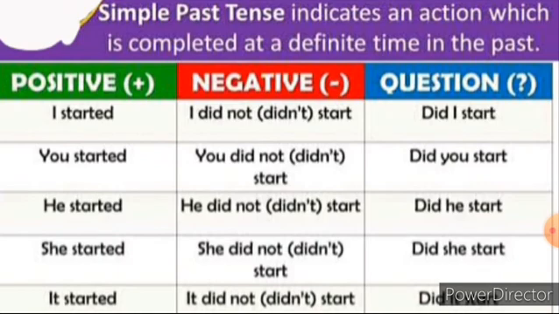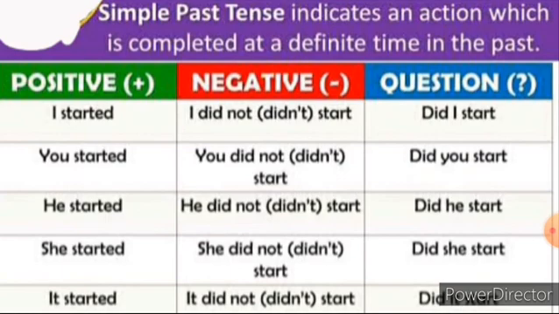And then you should end with a question mark, children. Put the question mark here. Did I start? The next one, did you start? Did he start? Did she start? Did it start? This is the form to convert the affirmative or negative into the interrogative form.